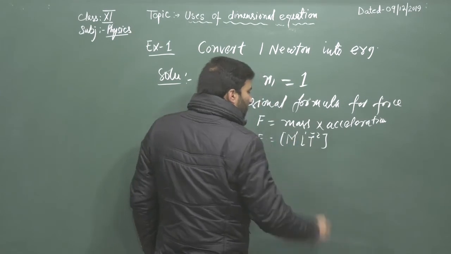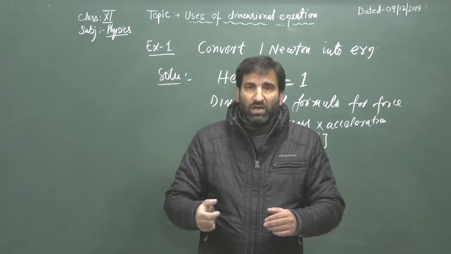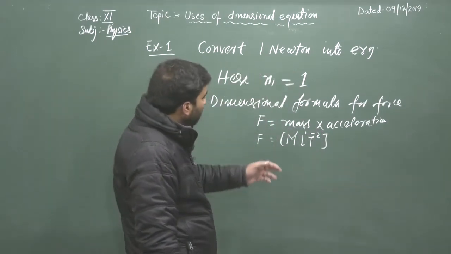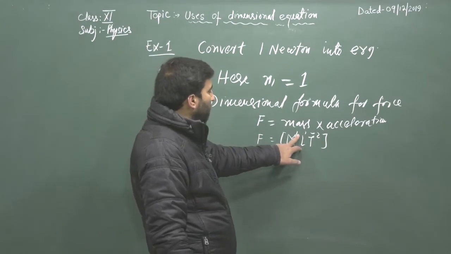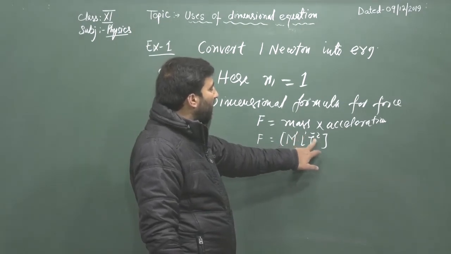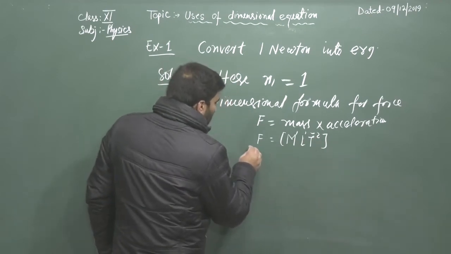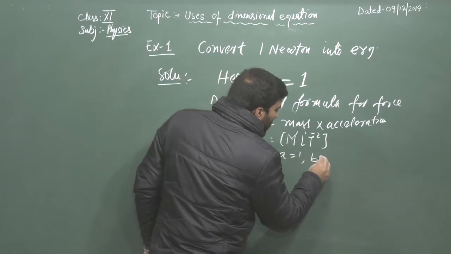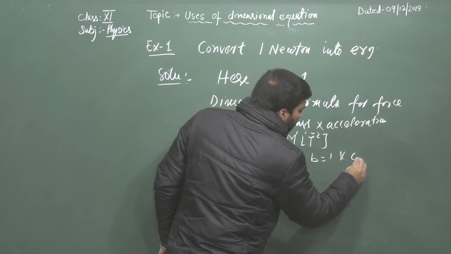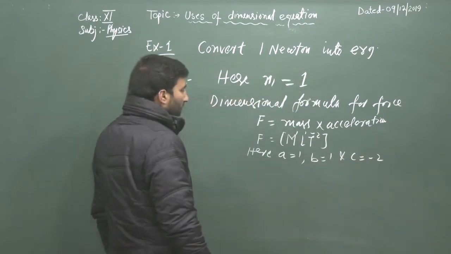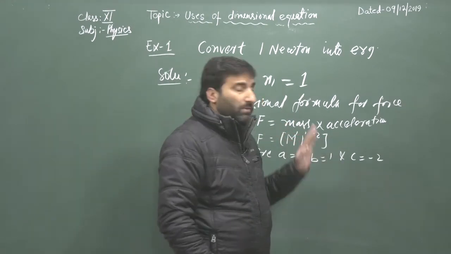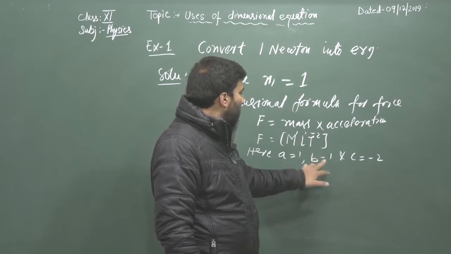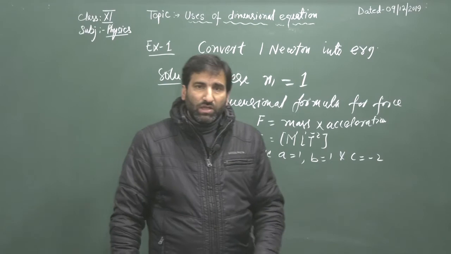That means M1 L1 T minus 2 is the dimensional formula of force. Here A is equal to 1, B is equal to 1, and C is equal to minus 2. The values of A, B, C represent these powers.